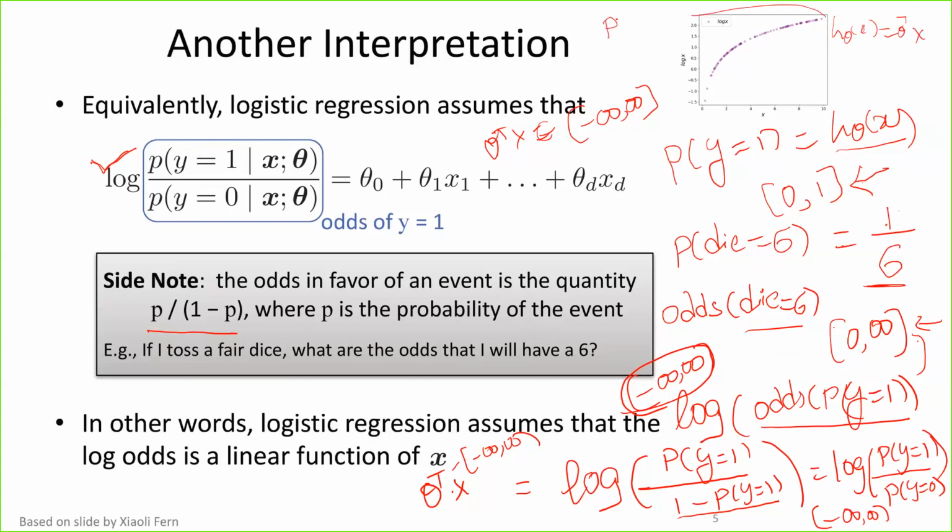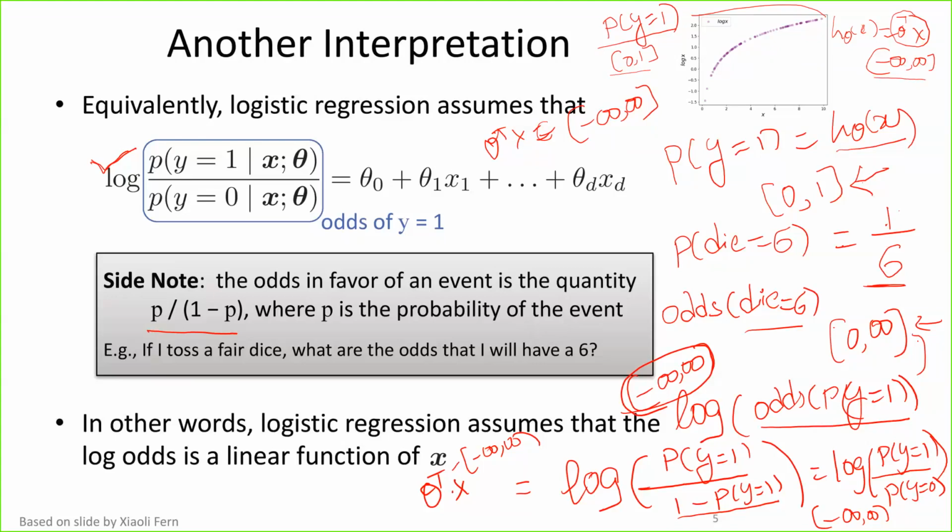You are saying that this is the probability of y equivalent to 1. What is the range of probability values? 0 to 1. What is the range of this theta transpose x? Minus infinity to infinity. So on one hand you are giving probability values, and on the other hand theta transpose x gives values in the range of minus infinity to infinity. So the characteristics are not matching.